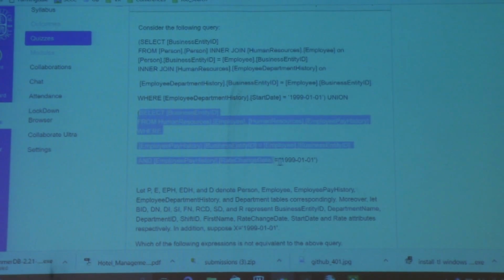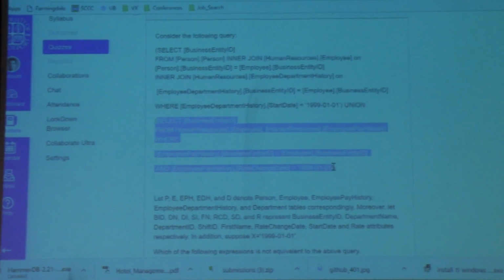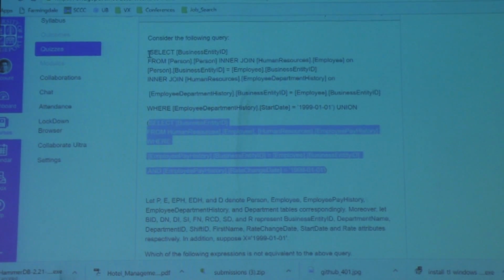What is the query? What does it say? It is selecting the business entity ID from some tables, making a table in union with another select. What is asked in the first query?